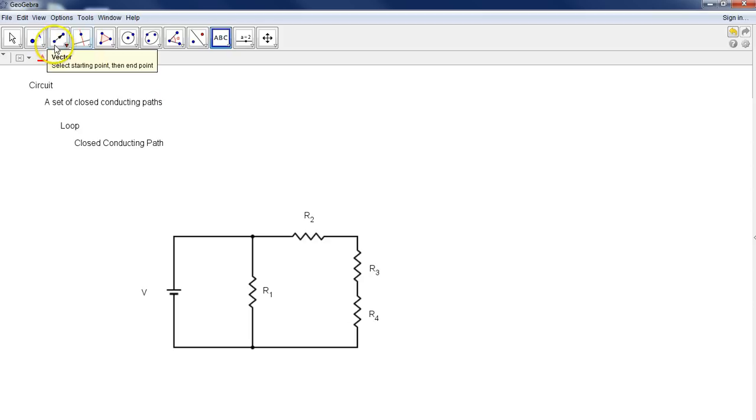We'll call this, let's see, we'll start there. There we go. We'll call this one loop 1.